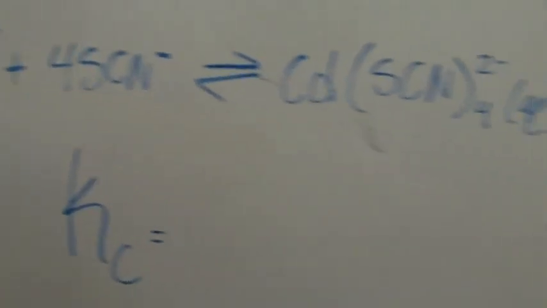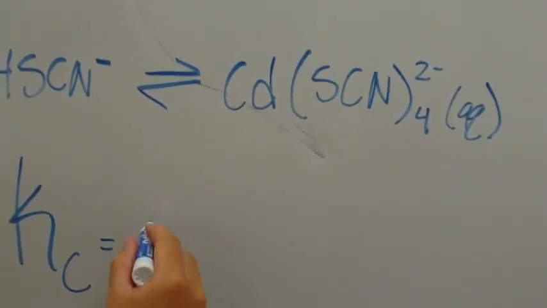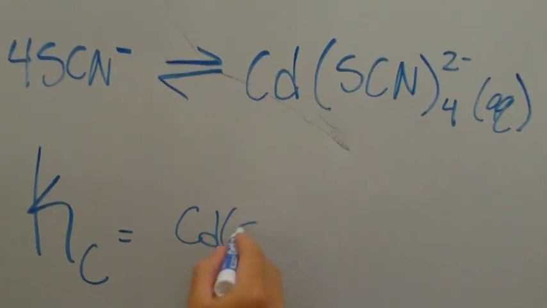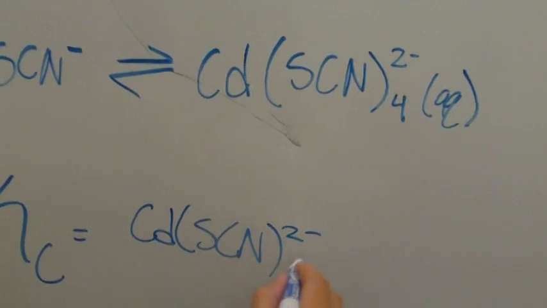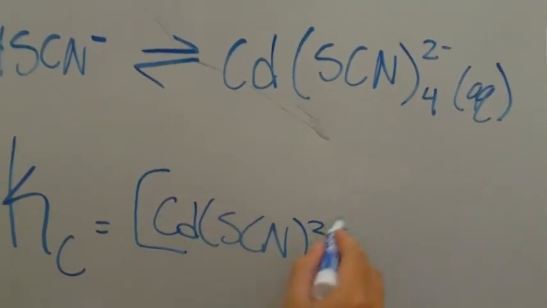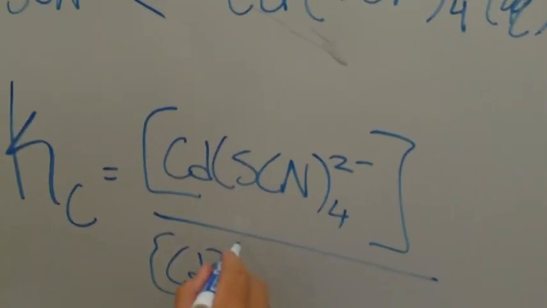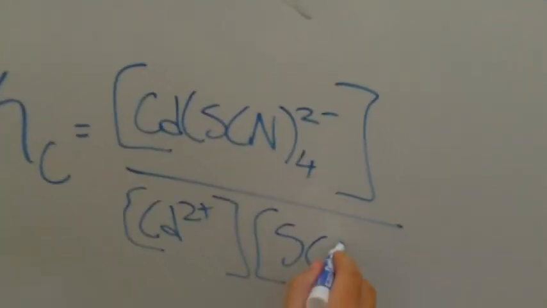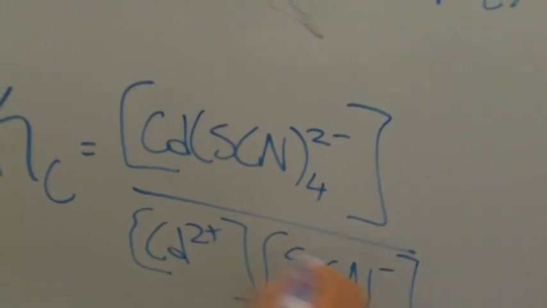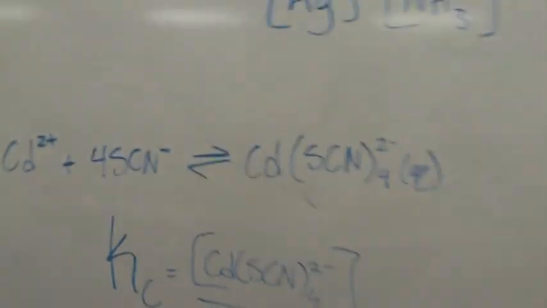For part B, no coefficient here, so it's just going to be our product over our reactants. And notice there's a 4 there, so we're going to put a 4 exponent right there. And that's it for this one.